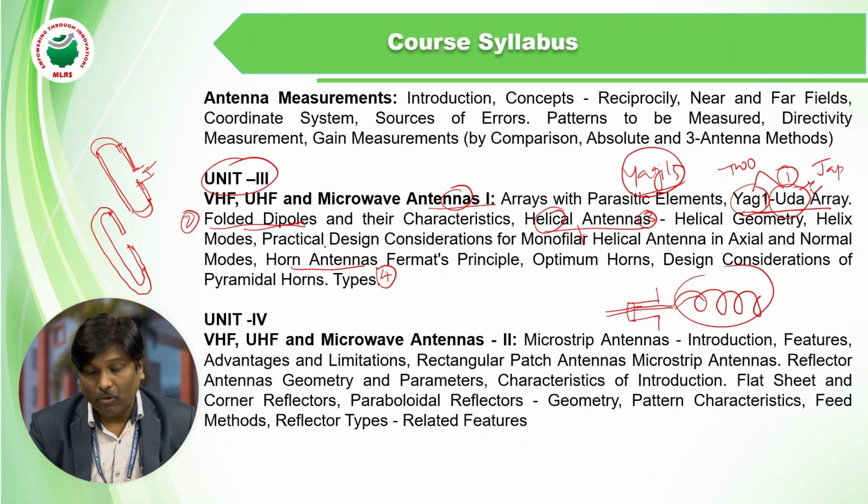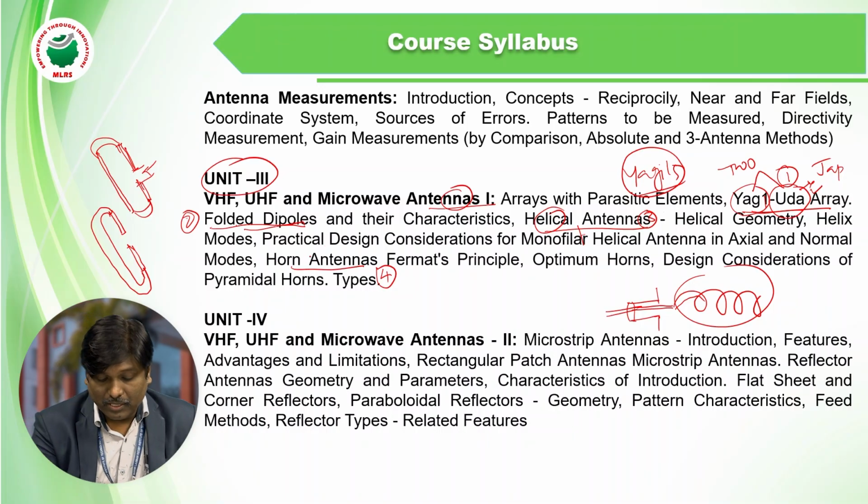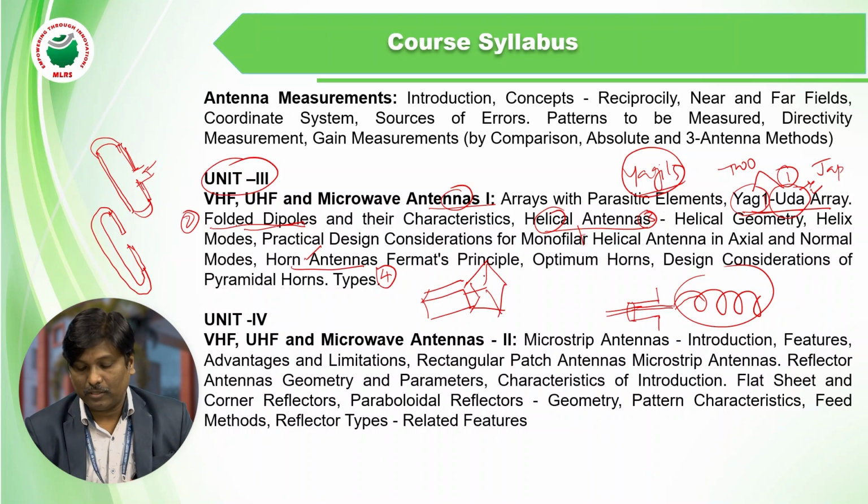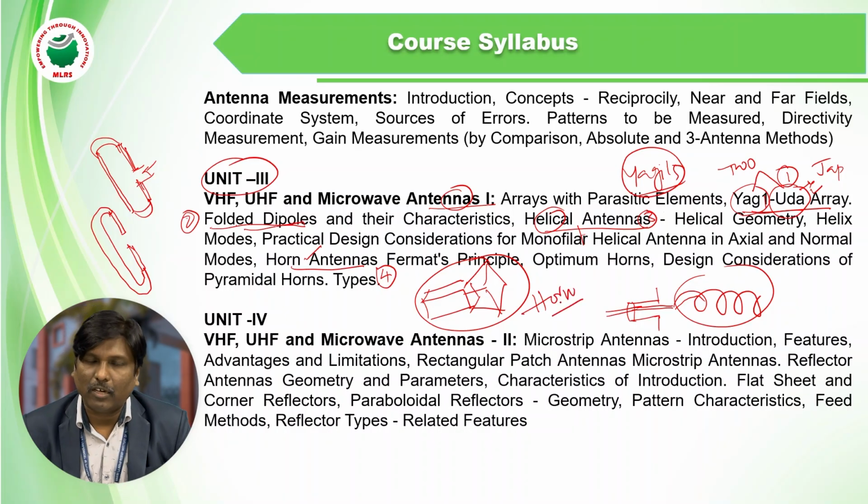And the fourth one is the horn antenna. Its name is given after its shape. It looks like a horn, like this. Because of its shape, this antenna is called the horn antenna.